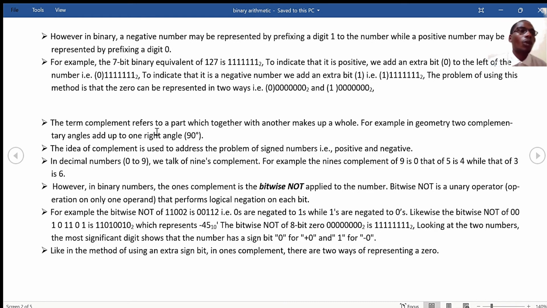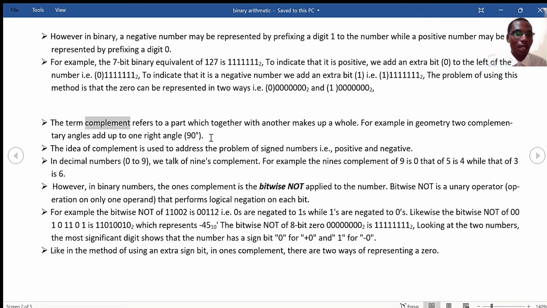So, what is a complement? Let me take you back to mathematics studies. If you have an angle of 180, that is an angle of a straight line. Let us divide that angle into two, not exactly equal parts, but just two.